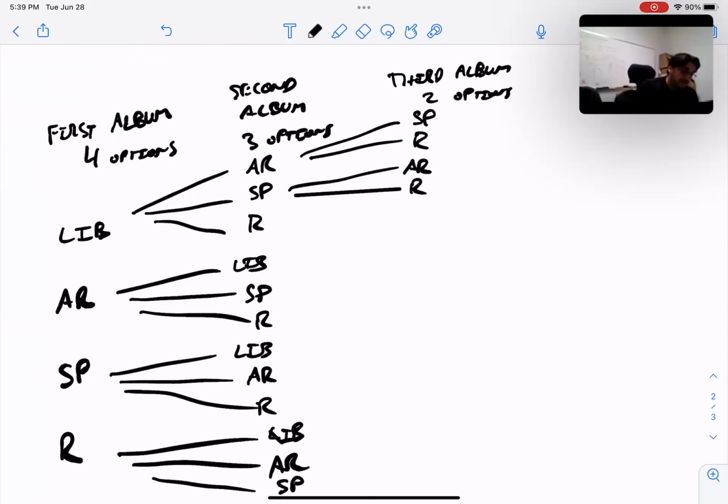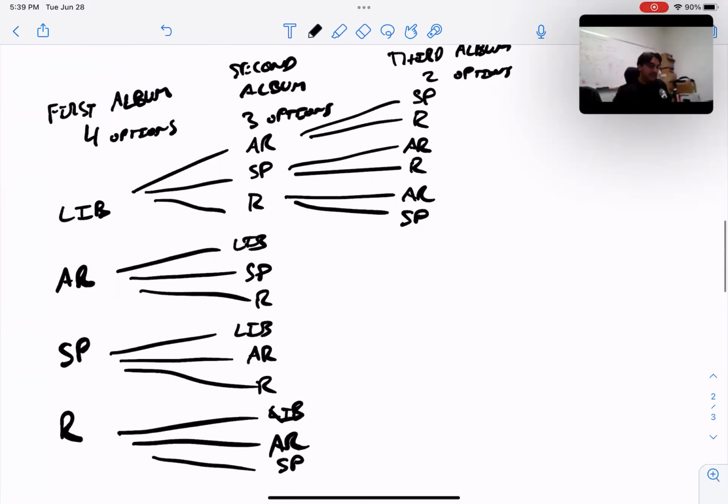If I already picked Let It Be and Revolver, then I'm down to Abbey Road or Sgt. Pepper. And so on. I can keep doing that for all of these.